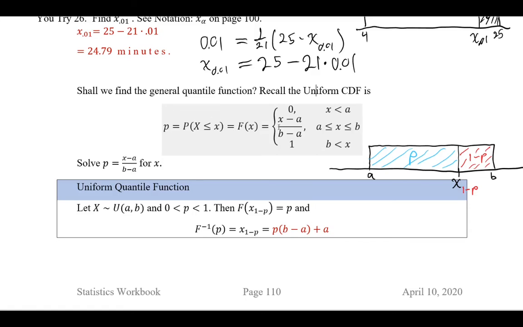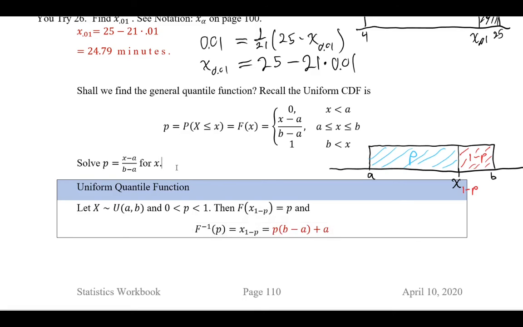Well, it looks like the important part is right here. So to find the inverse, we need to label this with a new variable, call this p. So p equals f of x. Now we'll solve this important part, p equals x minus a over b minus a, for x. And what we'll receive is x equals this, p times the range b minus a plus a.